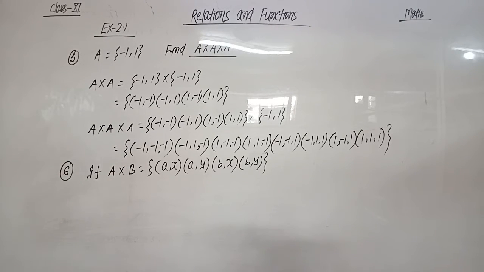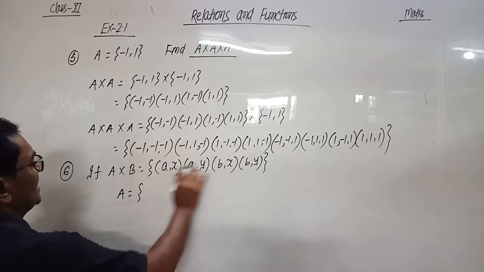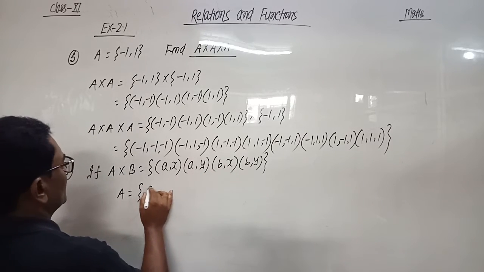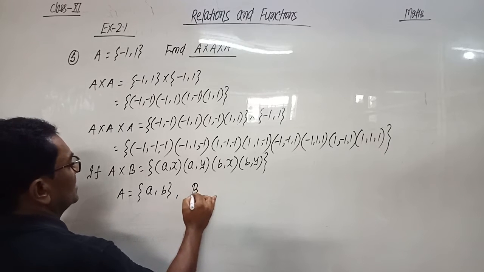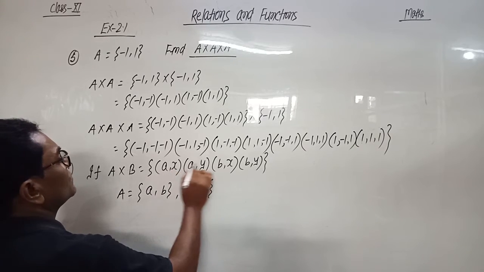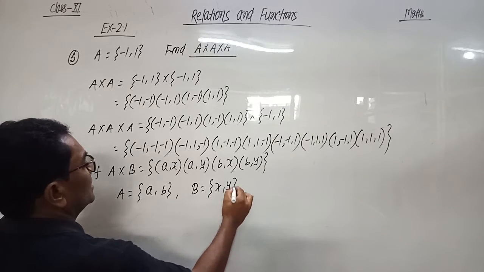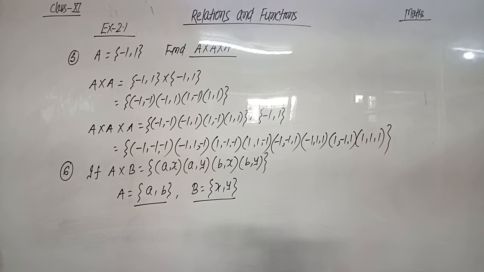Then find A and B. So A is the first element of the Cartesian product's ordered pairs, so the first element is {a, b}, and B is the second element of the ordered pairs, which is {x, y}. So set A is {a, b} and set B is {x, y}.